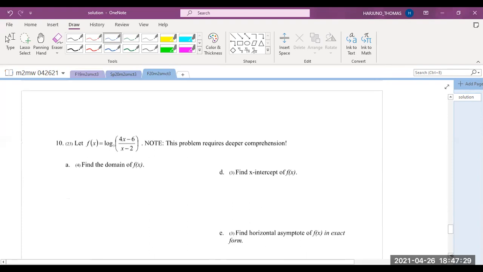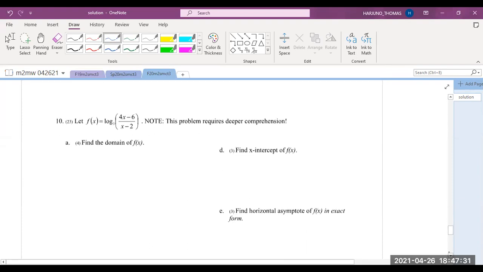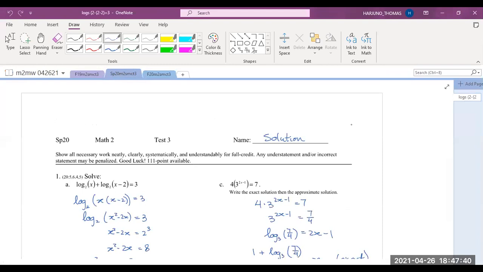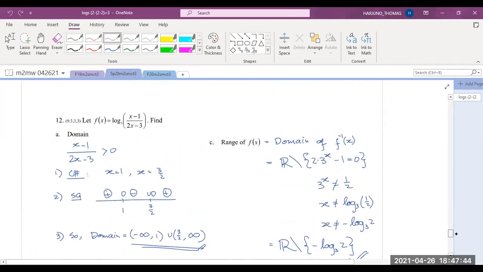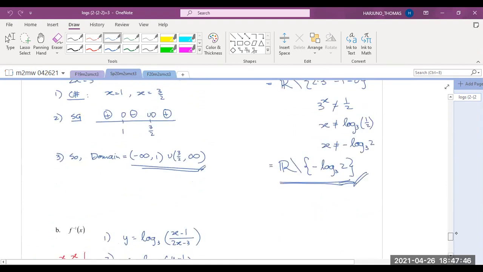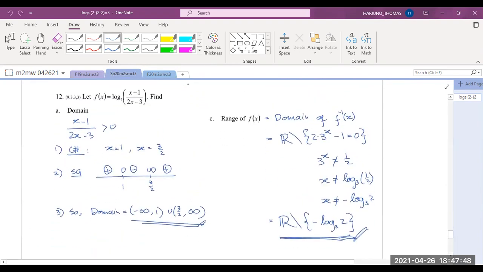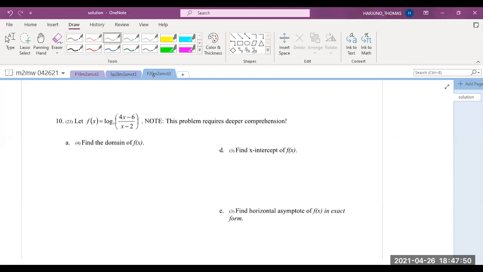Okay, number 10. Now this question has something to do with what we did earlier, the last question of spring 20. Remember we did this part? Okay, that's from spring 20. Now fall 20, basically a very similar situation.